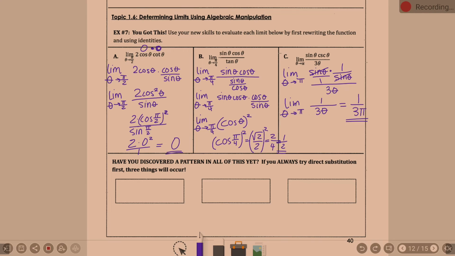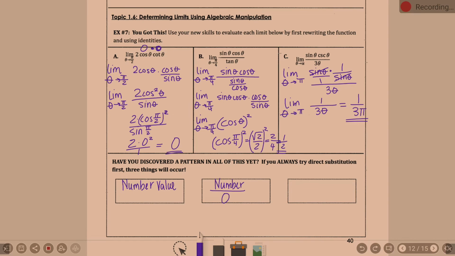Okay, so have you discovered a pattern in all of this yet? If you always try direct substitution first, 3 things will occur. 1, it might just work and you might get a number value. Fair enough? Okay. 2, you could get a number value divided by 0.